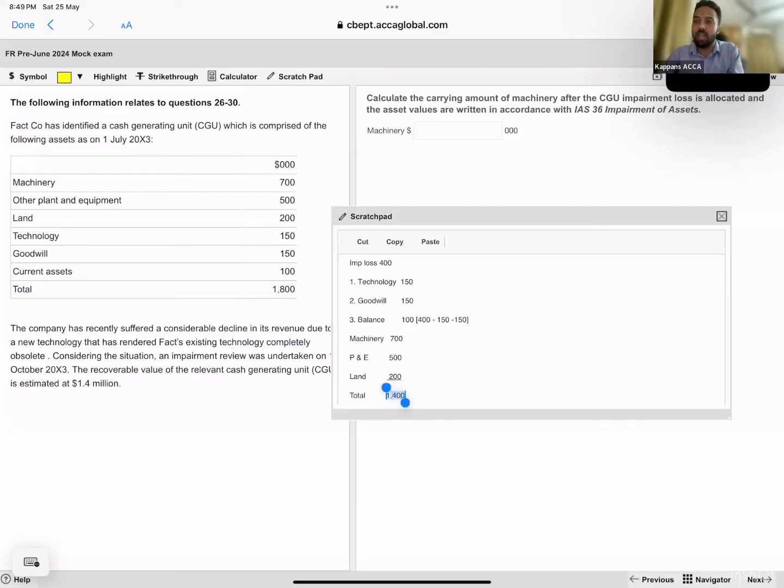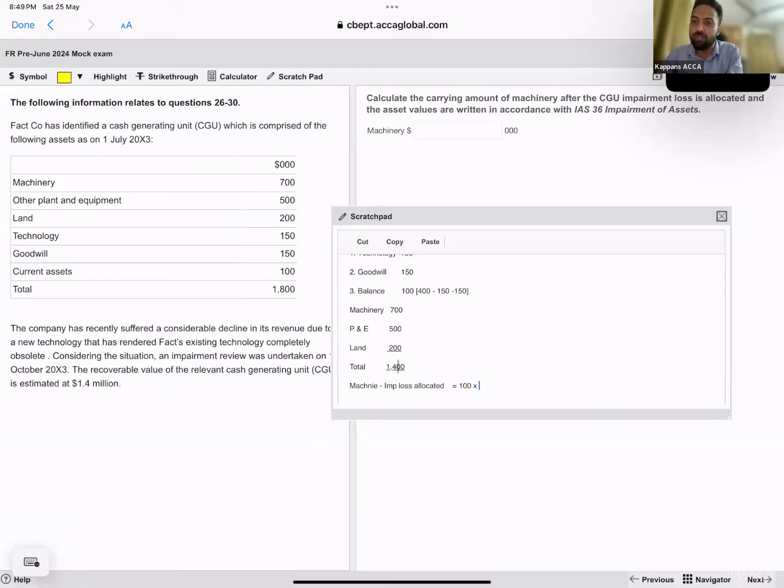So the amount allocated to machine will be on this pro rata basis. The impairment loss allocated to machine is equal to the balance impairment loss of 100. It will be allocated to machine on its pro rata basis.